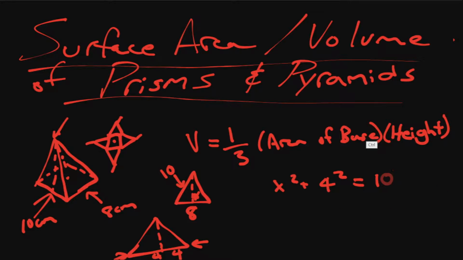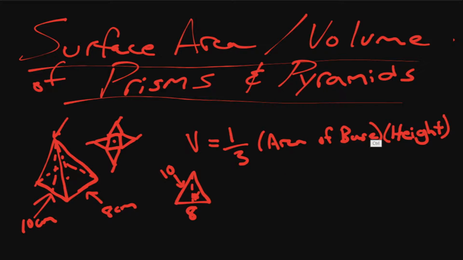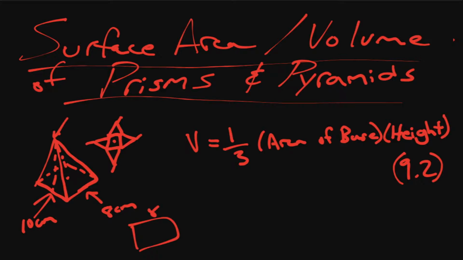So if I was to put this in now, the area of the base is still, by area it means surface area, we still have an 8 by 8 square at the bottom. So the area is basically length times width, so that's 8 squared times 1 over 3.